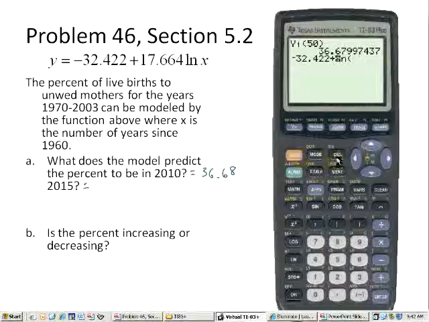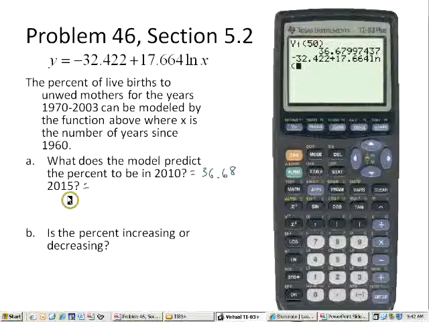We need to have the 17.664, and now we can have the natural logarithm of our x value.